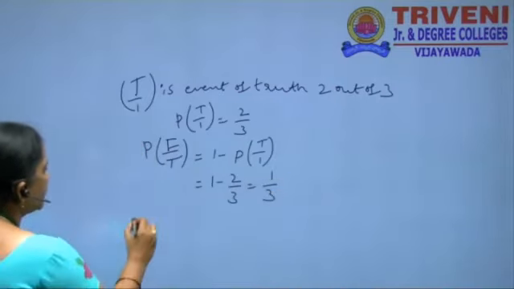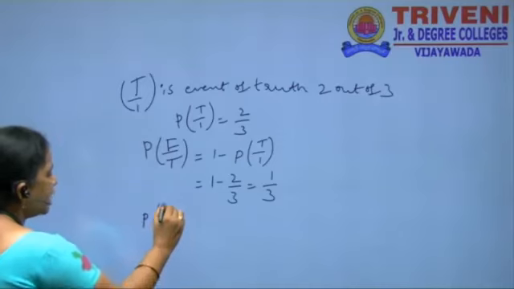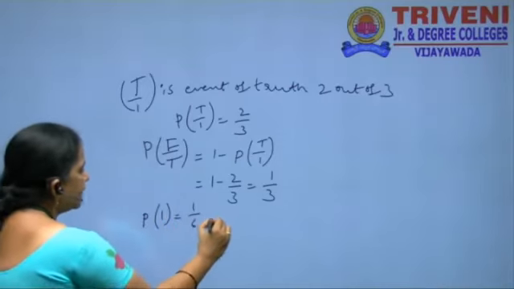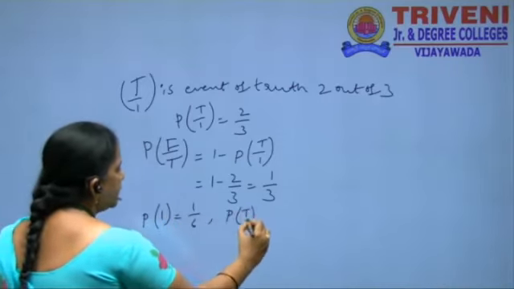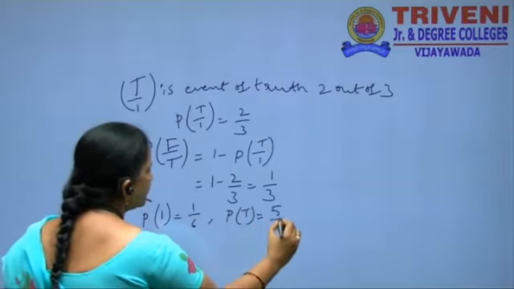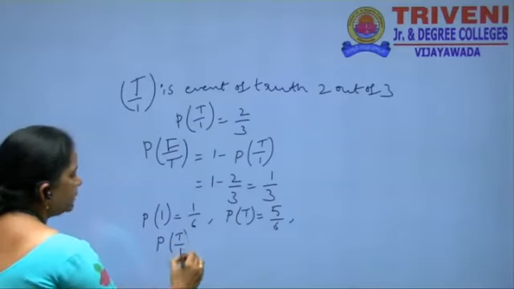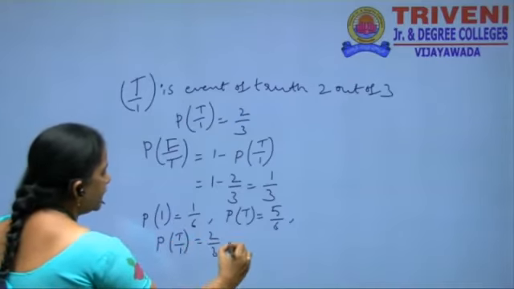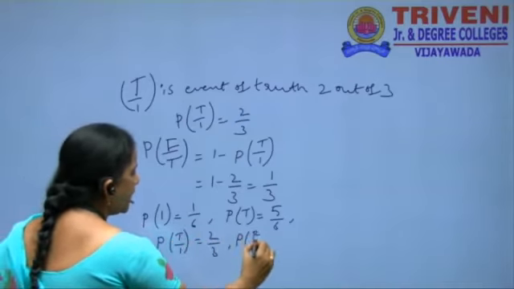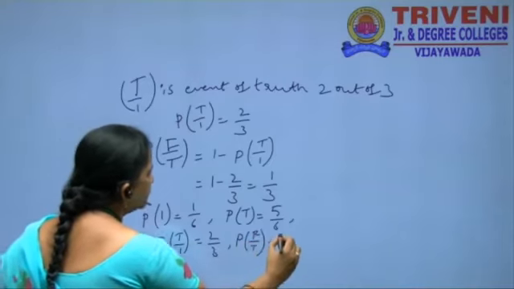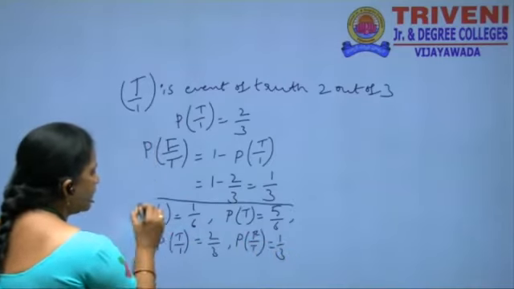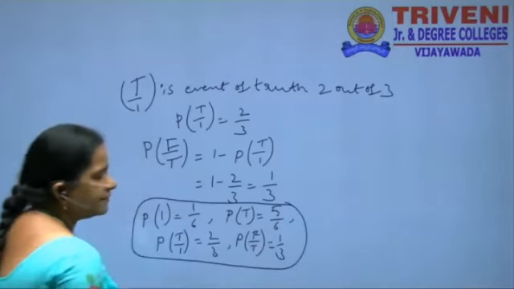Here we have the values P of 1 is 1 by 6 and P of T is equal to 5 by 6. Similarly, P of T by 1 is equal to 2 by 3 and P of F by T is equal to 1 by 3. These 4 values we use in the Bayes theorem.